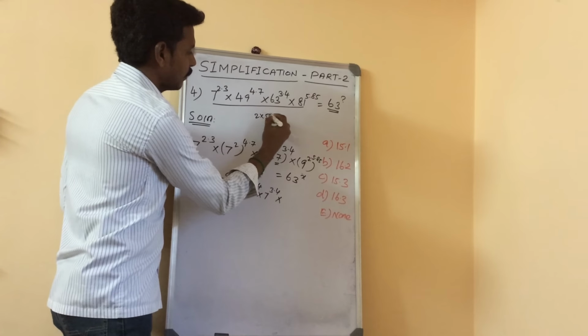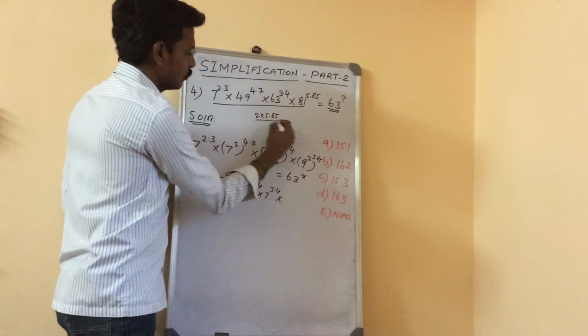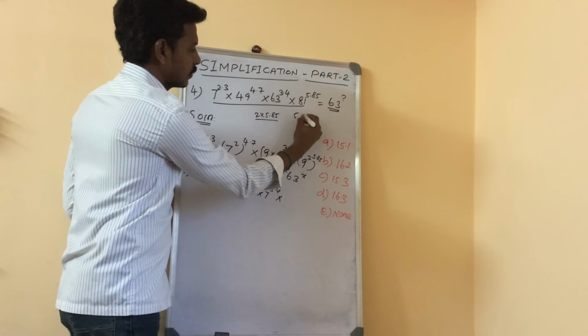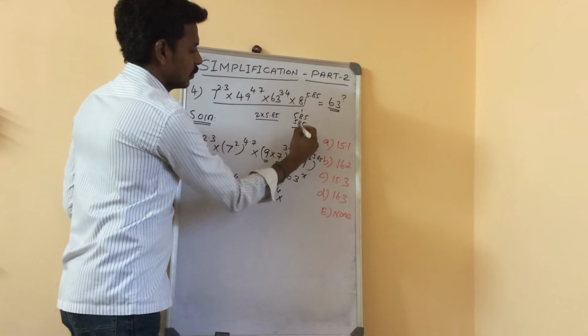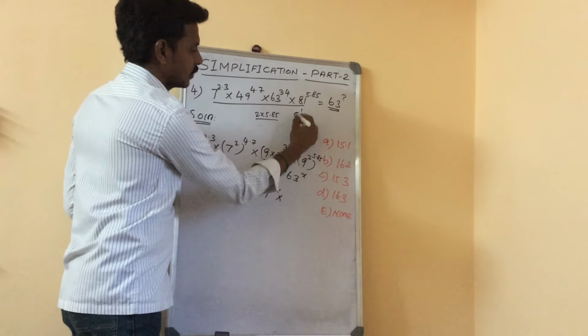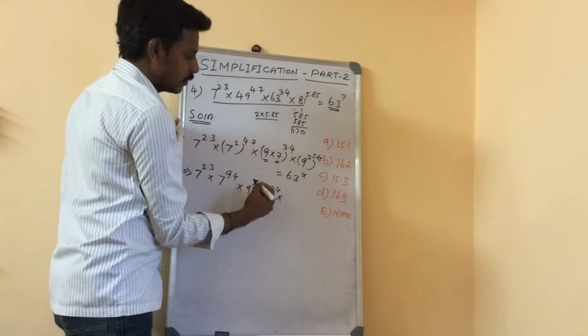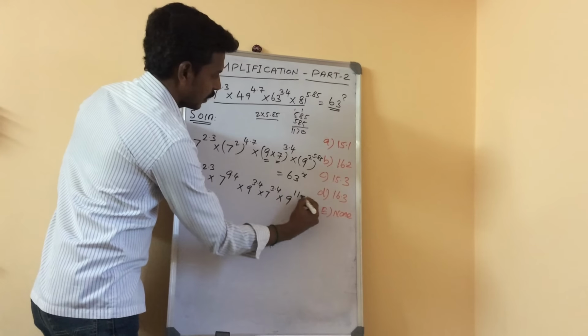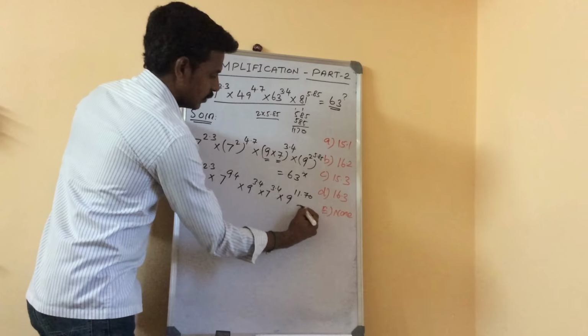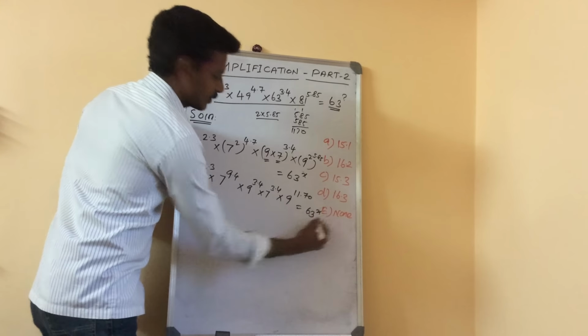So 2 into 5.85. So 5 twos are 10, 0 carry 1, 8 twos are 16, 17, carry 1, 11. So 11.70, right? So 9 power 11.70 equals 63 power x.